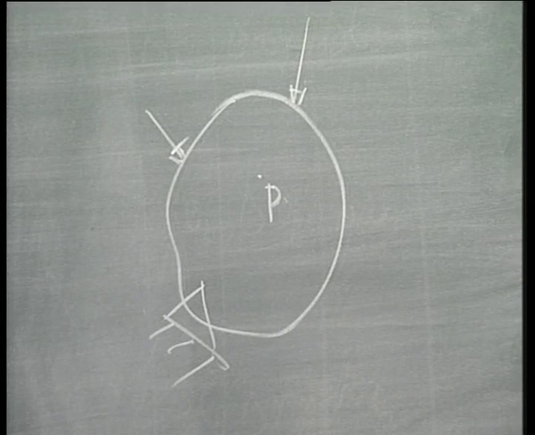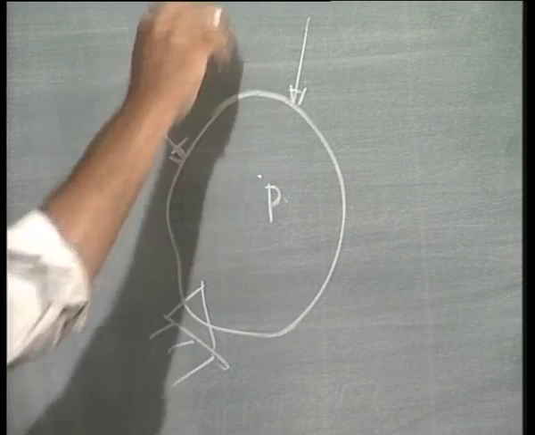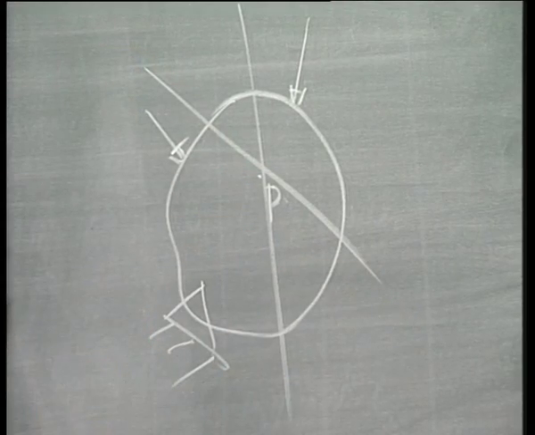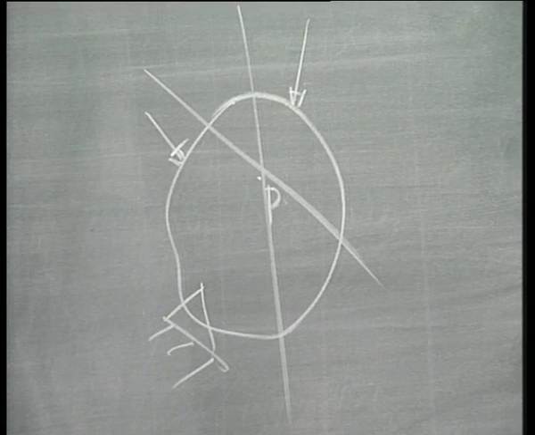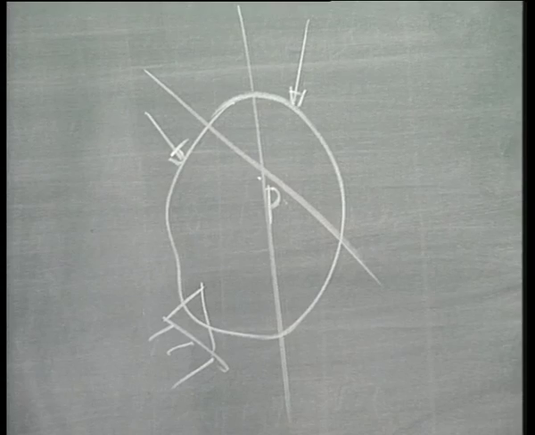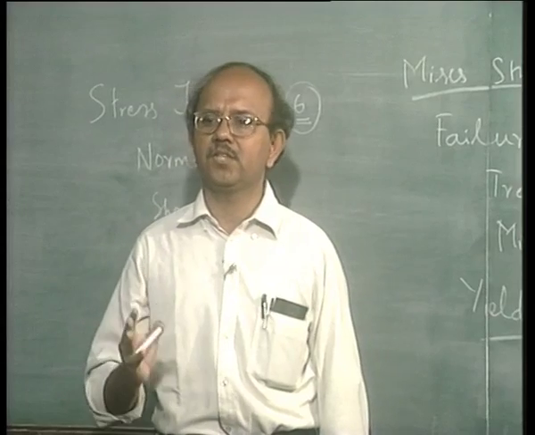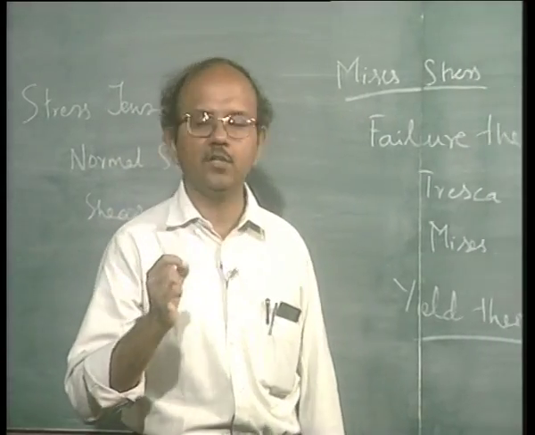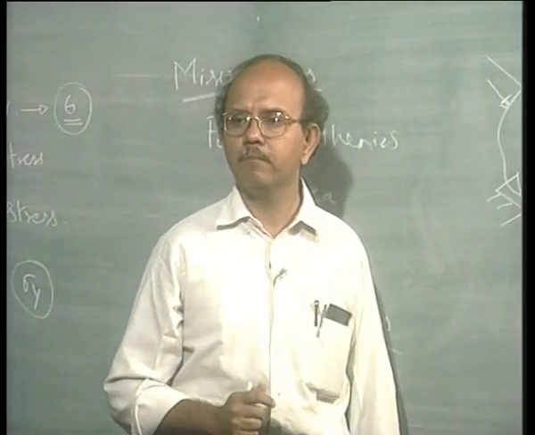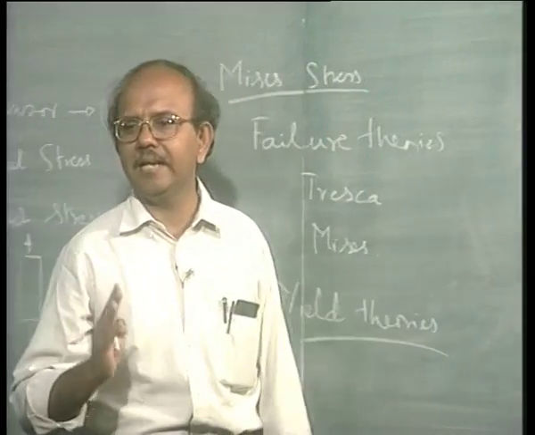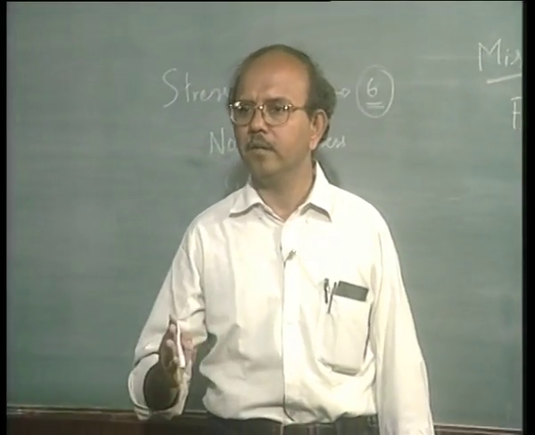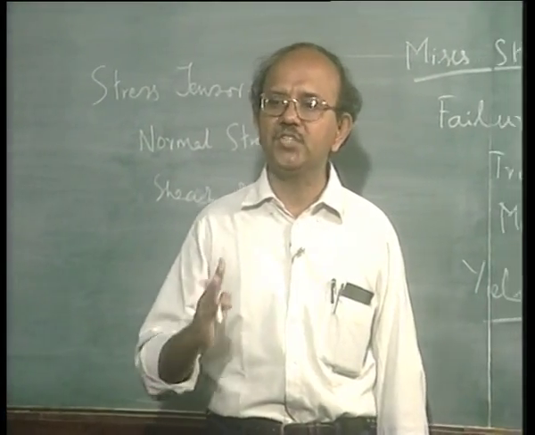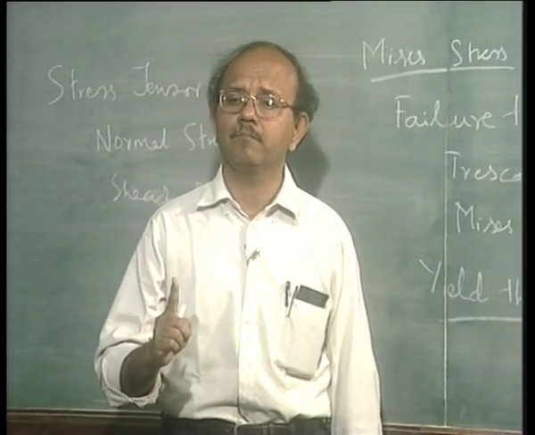Now, the question is, if I consider all the planes passing through this point, can I get a plane, or more than a plane, on which the stress vector is wholly normal, completely normal? In other words, can I get a plane or more than one plane where shear stresses are absent?